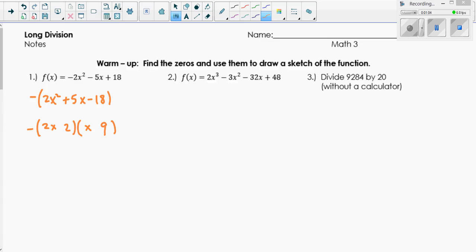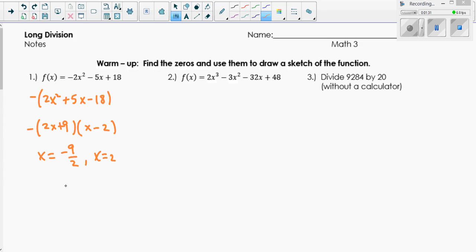Nope. Sorry, that doesn't work. You can't have a 2 with a 2. Let's switch them. So this is a 9 and this is a 2. So that gives me 4, and that gives me 9 minus 4 is 5. Okay, so this solution would be x equals negative 9 divided by 2, and then x equals 2.